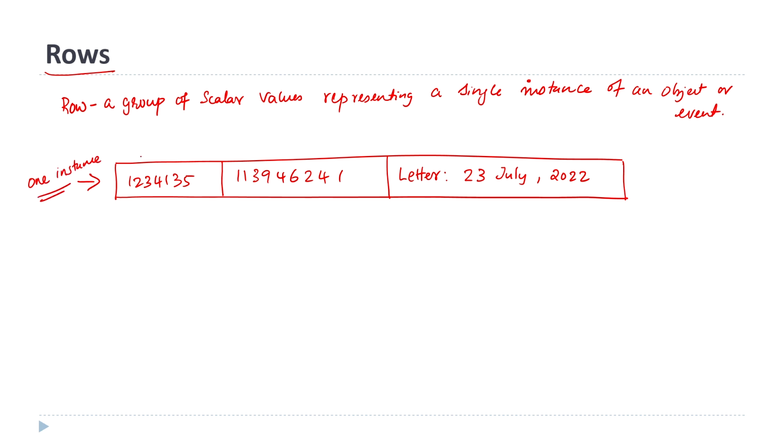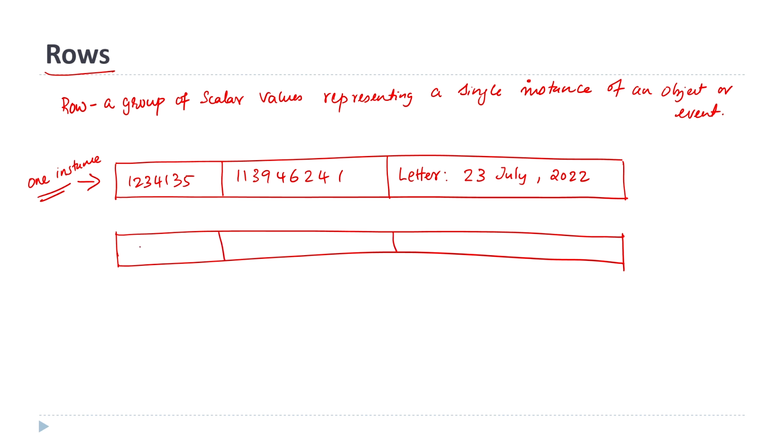If this table contains all of them, there is another row that may be something like this, which says 16220031 84 39 23 231, something like this, and you can say that is a gift packet, 29 July 2022. This is another instance. These are instances of an object or an event.